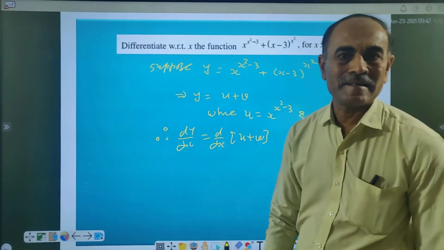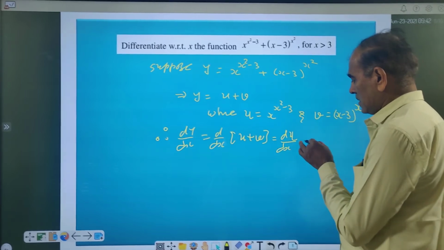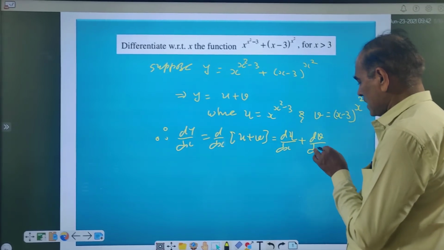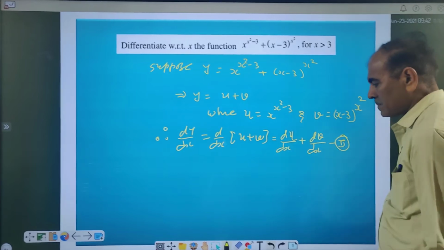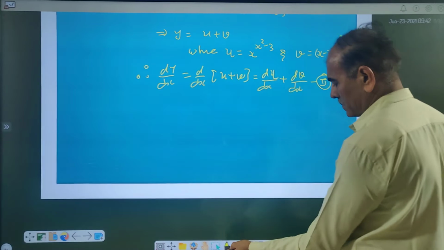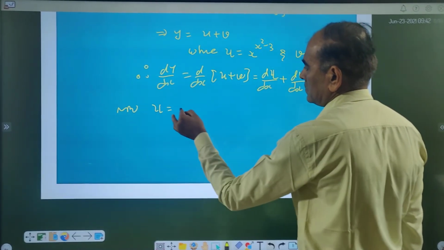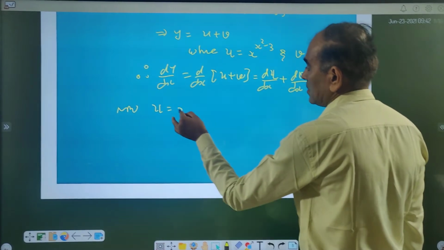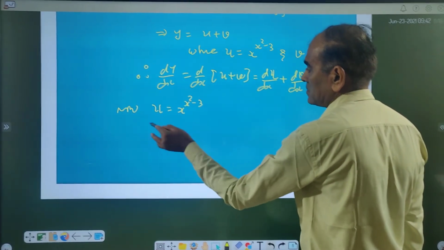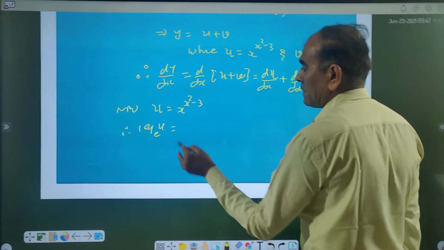Suppose u and v, so that is equal to du by dx plus dv by dx, this is number 1. Now what is u? Now u is equal to x raised to x square minus 3. If I take log on both sides, then log u. Why are we taking log?